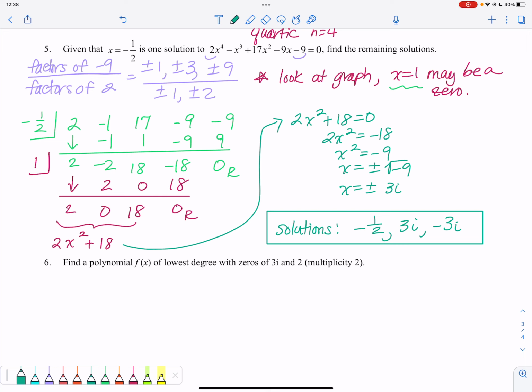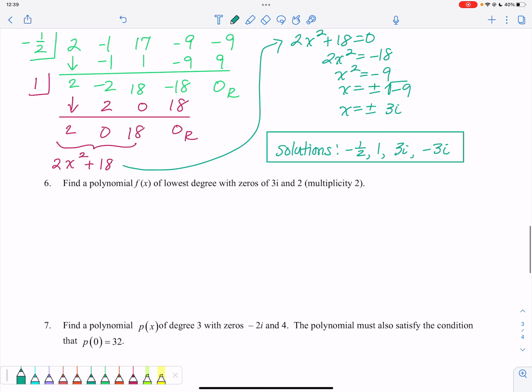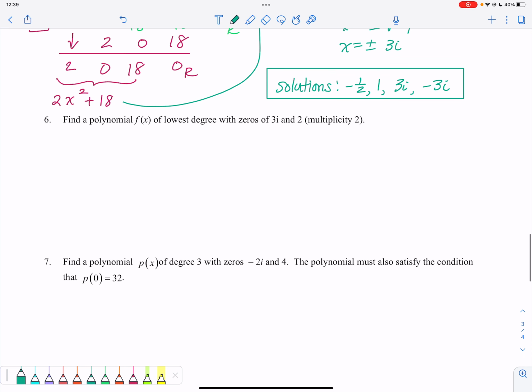I think I forgot negative 1/2 and 1. We have 4 complex zeros. So negative 1/2, 1, 3i, and negative 3i. And those are our solutions to that degree 4 polynomial.